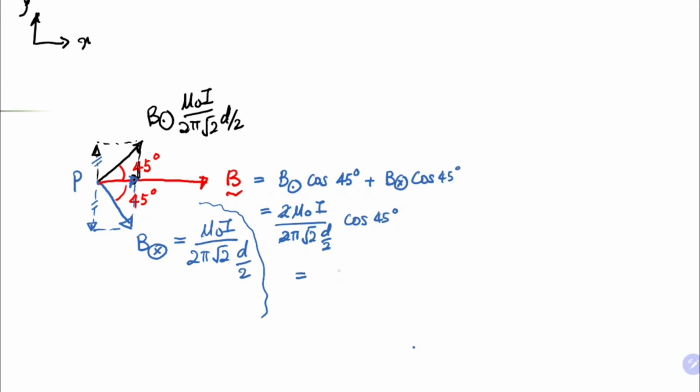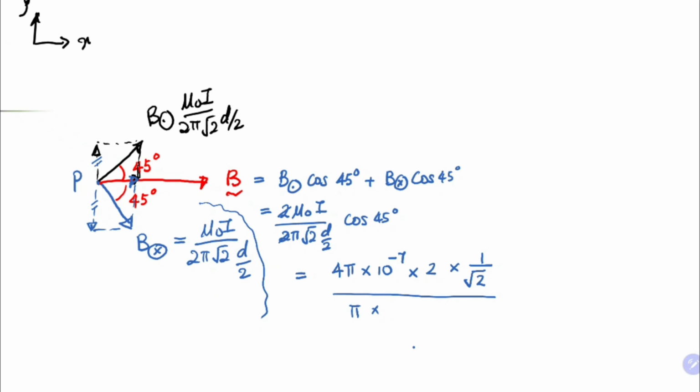Mu naught is 4 pi times 10 to the minus 7. I is given as 2 amperes. Cos 45 is 1 over root 2.